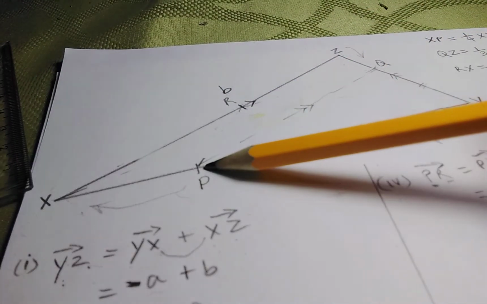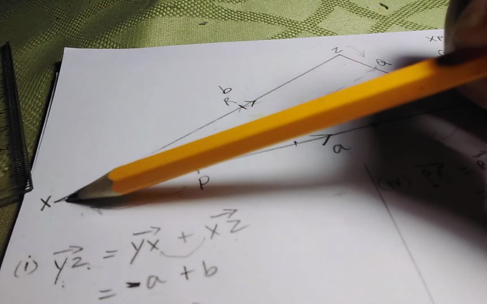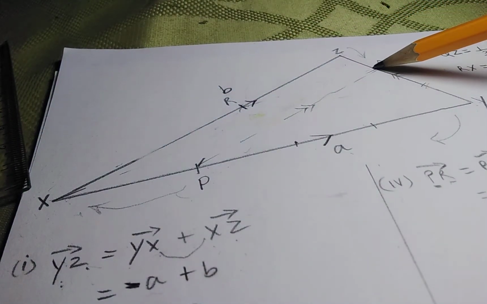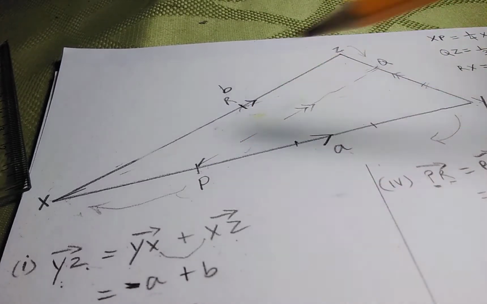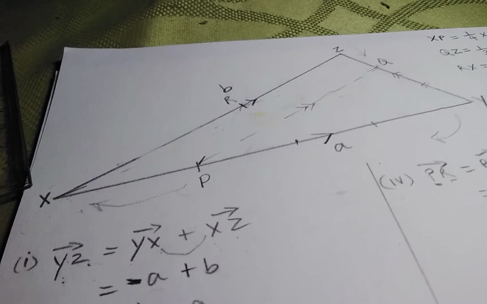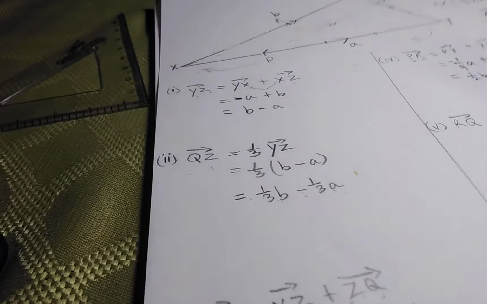We can go from P to X, X to Z, Z to Q. Or we can go from P to Y, Y to Q. It doesn't matter, you should get back the same answer. So we're going to do it the two ways.